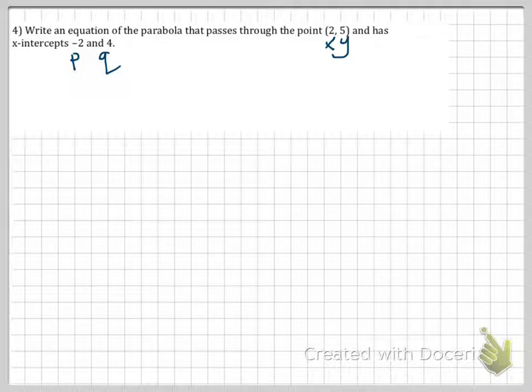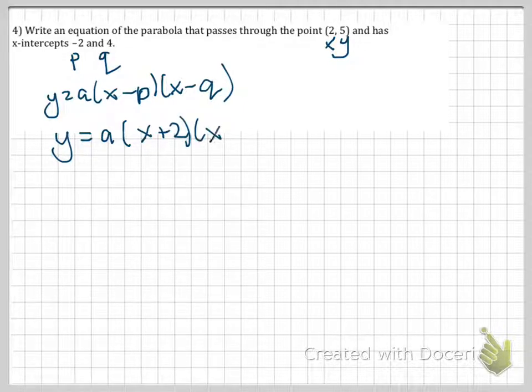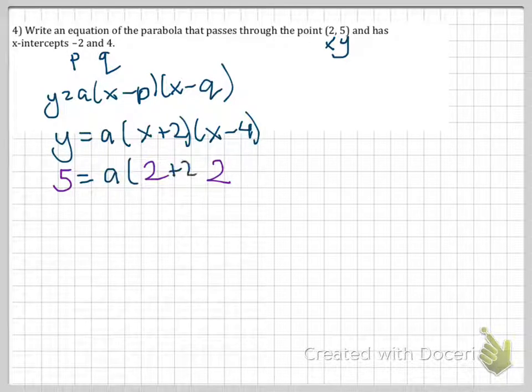So we're using the intercept form. y equals a times x minus p times x minus q. So we'll plug in first our p and q. y equals a times x plus 2, because that's a minus minus 2, times x minus 4, opposite signs. Let's plug in our x and y. So y is 5, x is 2. And so 5 equals a times 2 plus 2 times 2 minus 4.